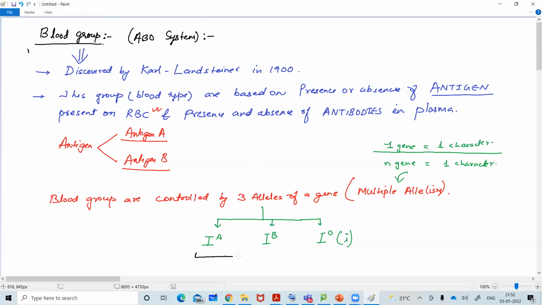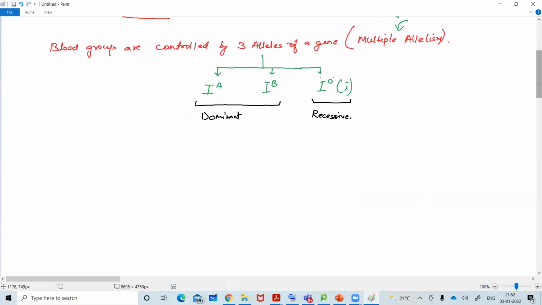Now, these two genes are dominant genes, and this is your recessive gene. So you can say IA and IB are dominant, and small i is a recessive character.